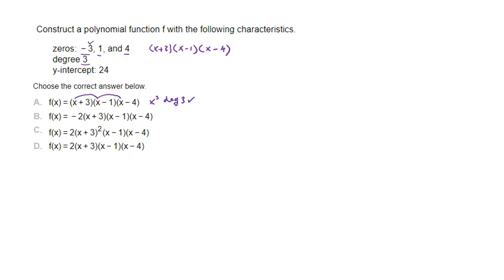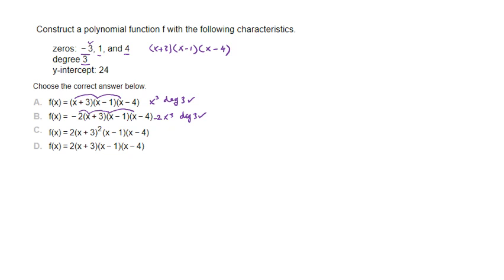So this can be one of the choices. Option B, same thing, we have -2, and then multiplied by this x, multiplied by this x, multiplied by this x. So the largest term there is going to be -2x cubed, which is also degree 3. So this one is good.